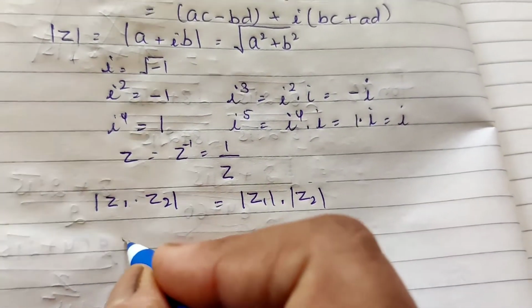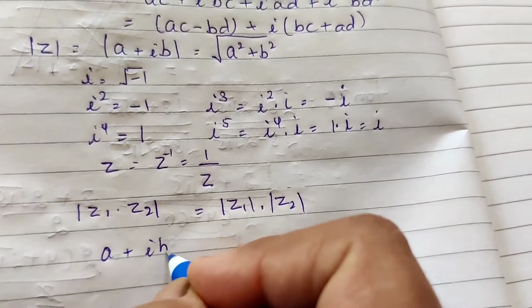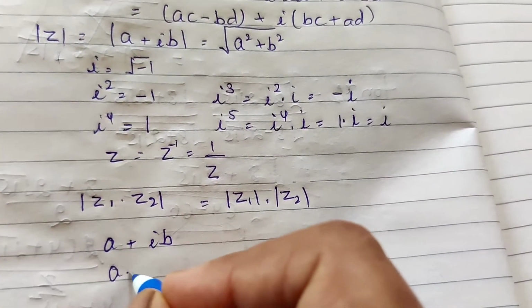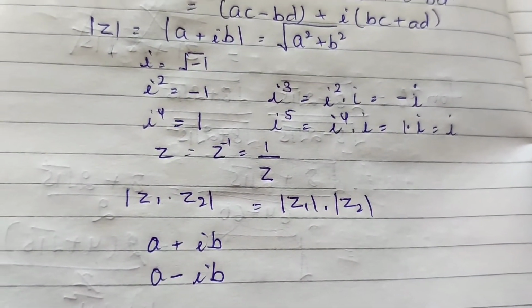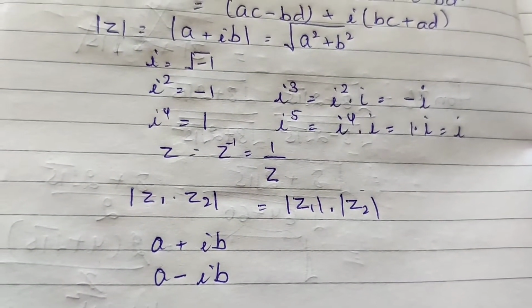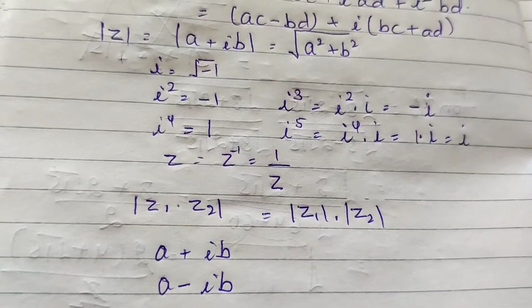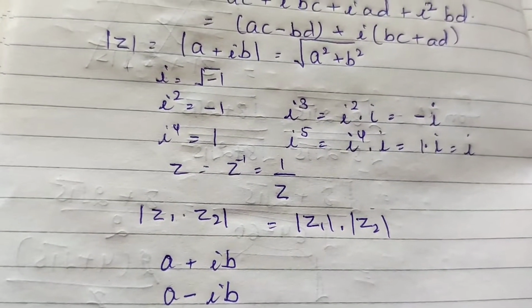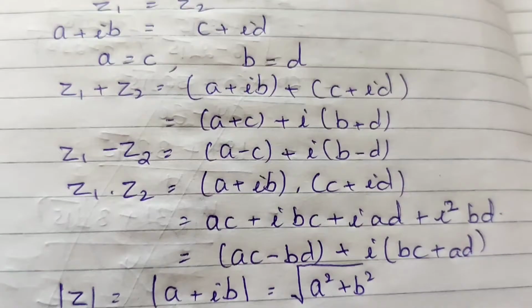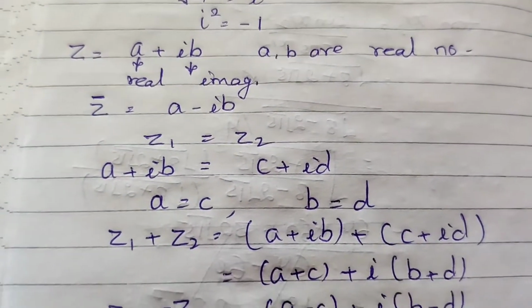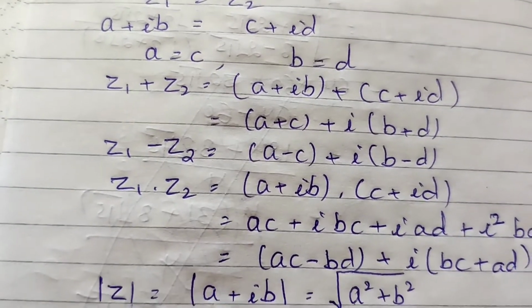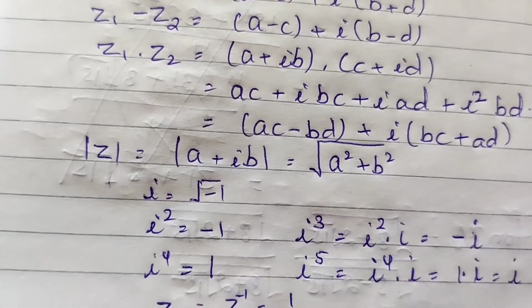The conjugate of a plus ib is a minus ib, and conjugate of a minus ib equal to a plus ib. Simple. This is the theory. Now solve the exercise 5.1 according to these rules.